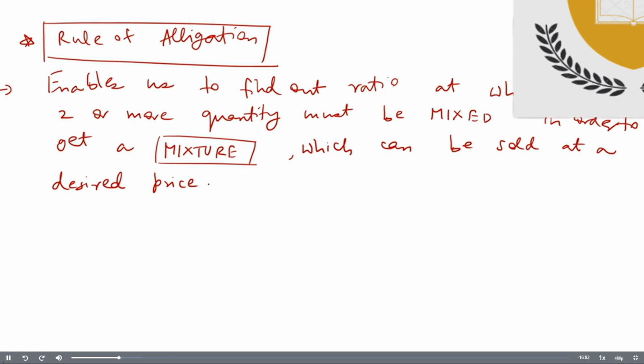So rule of allegation enables us to find out the ratio at which two or more quantities must be mixed in order to get a mixture which can be sold at the desired price.